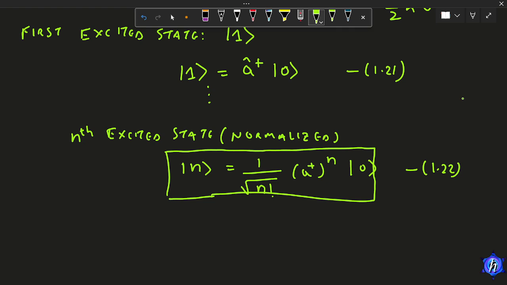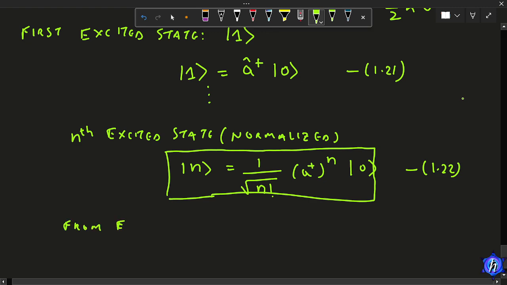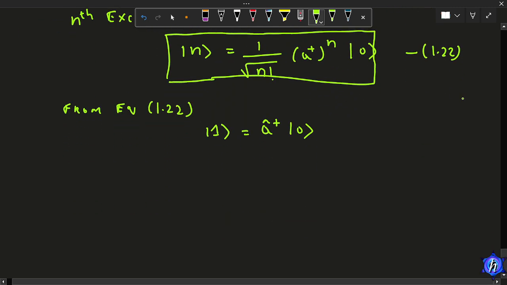From this equation 1.22, we can see the first excited state is this. The second excited state, we write explicitly, with 1 over square root of 2 factorial, and A dagger squared, meaning it is operated twice on the ground state.